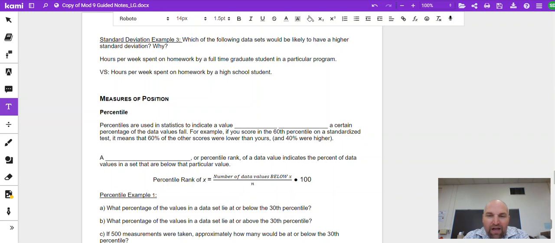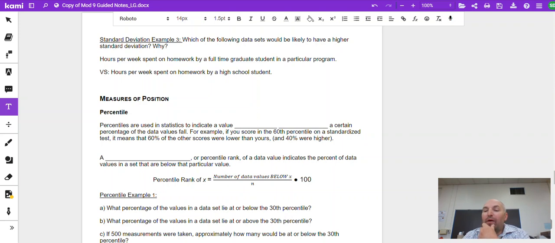What do you think would have a higher standard deviation? I'm probably thinking that B, the hours per, B would vary more widely because how many high school students even do their homework? All right. So that's how you find that.